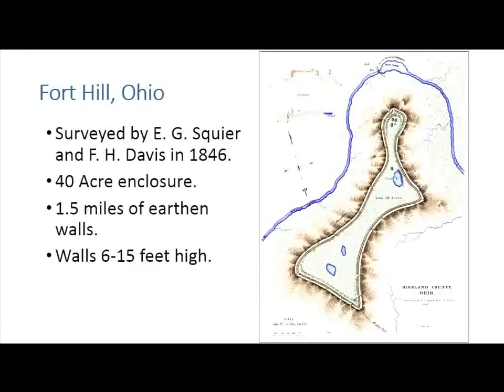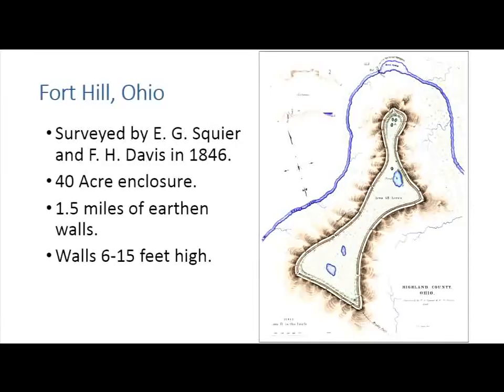Okay, Fort Hill, Ohio was surveyed by Squire Davis in 1846. The thing I want you to notice is that all along the outer edges, you have a mound. That mound was built for protection, and it takes in a hilltop that's 40 acres.